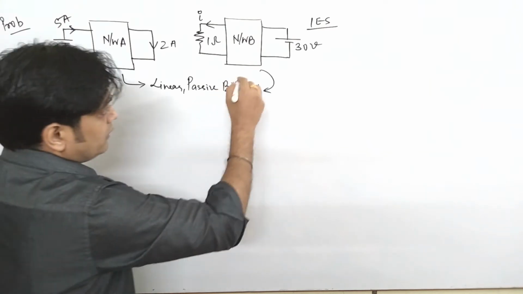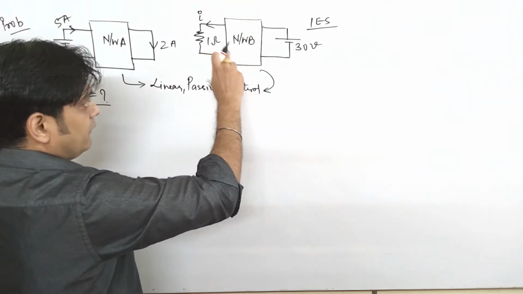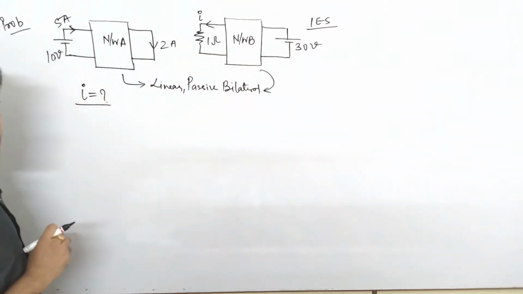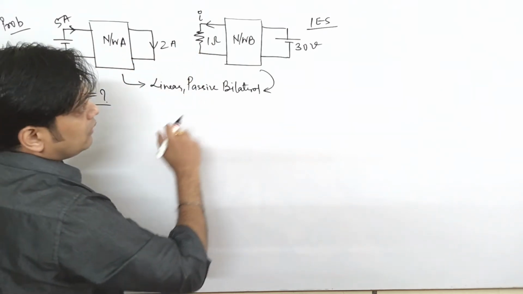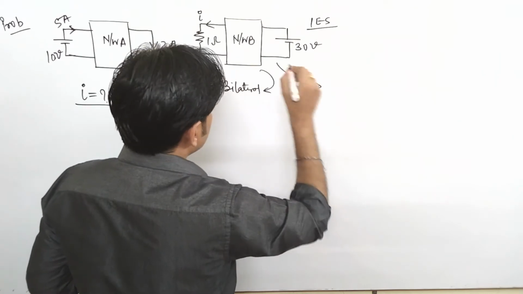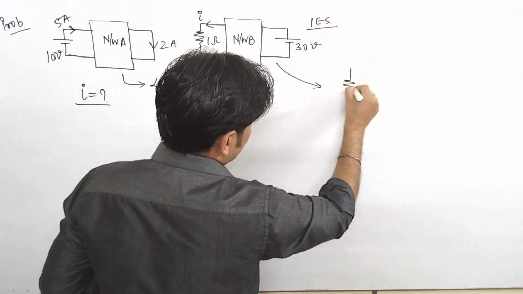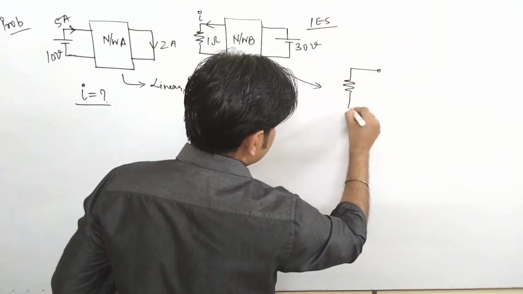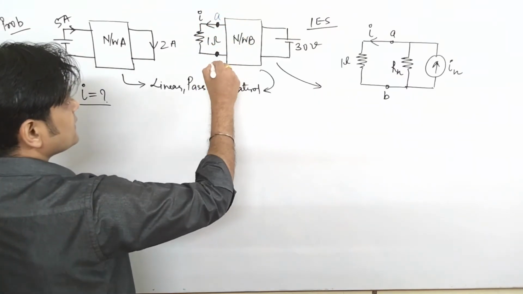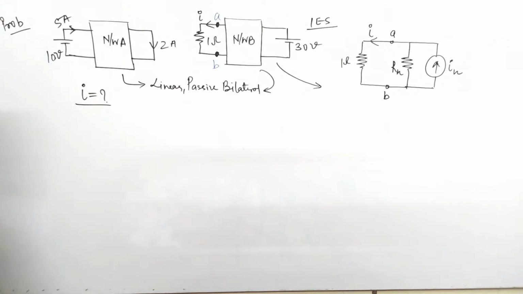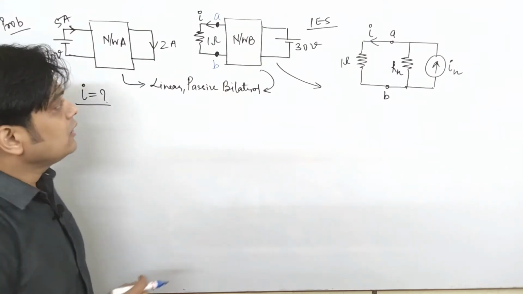Whenever you have to find the value of current I with the help of this network, can I convert this network into this form, with these two terminals as A and B.